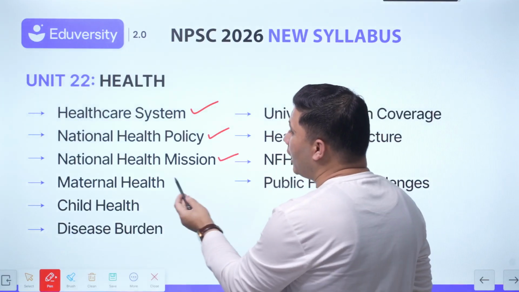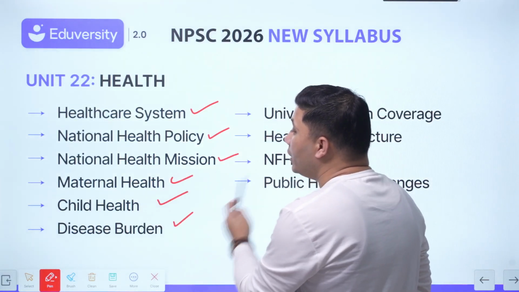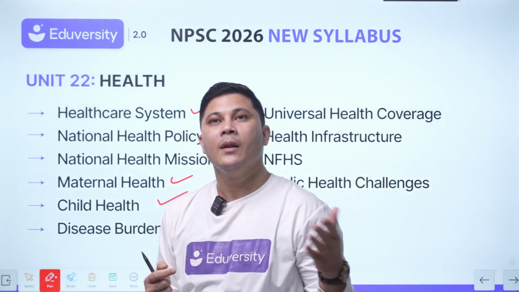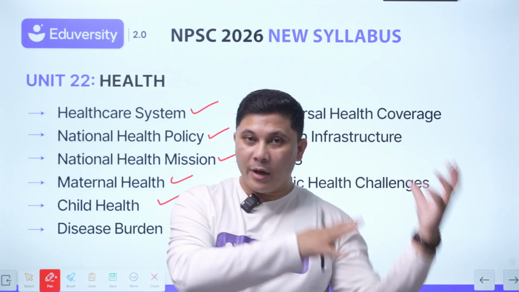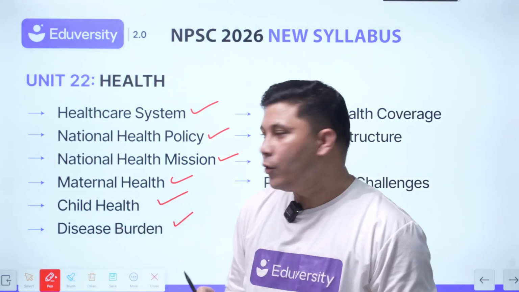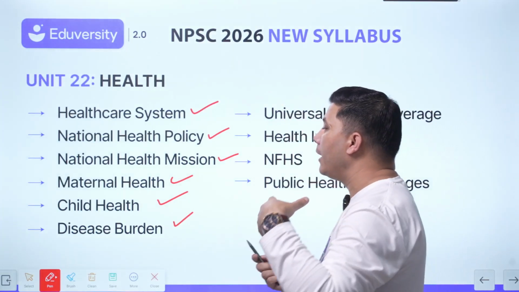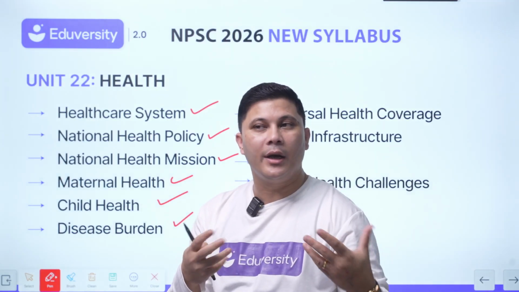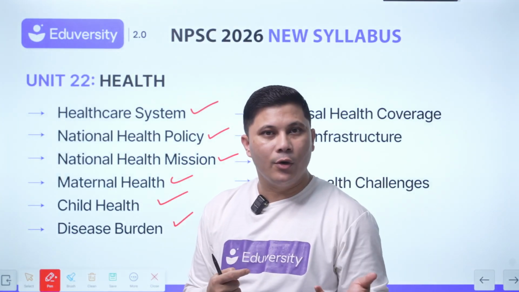national health mission, maternal health, child health, disease burden. So in the disease burden, you see how many people die of communicable diseases, how many people die of non-communicable diseases. You got a point, right? Like what percentage of women in India have anemia.